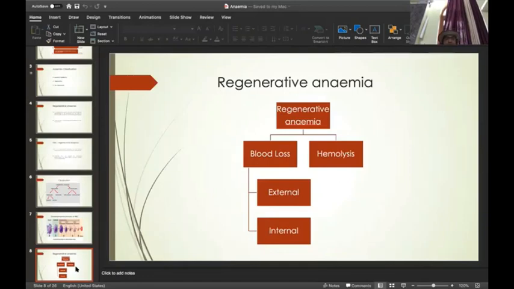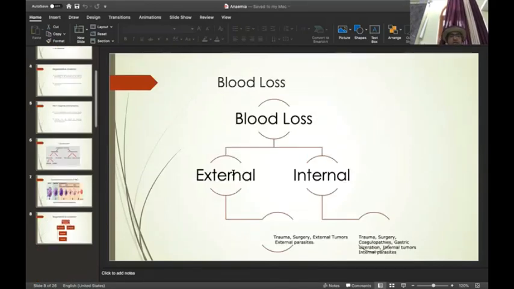So again, this slide is a types of revision, just a quick revision. Regenerative anemia is divided into blood loss and hemolysis. The blood loss is external and internal in nature. External: the trauma, or during surgery, or during some external tumor, which surgeons see as large blood loss.